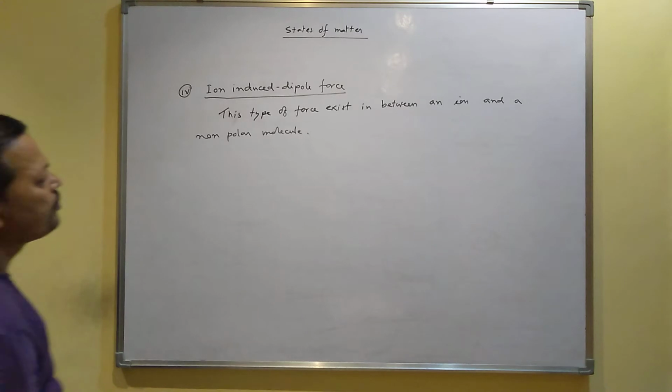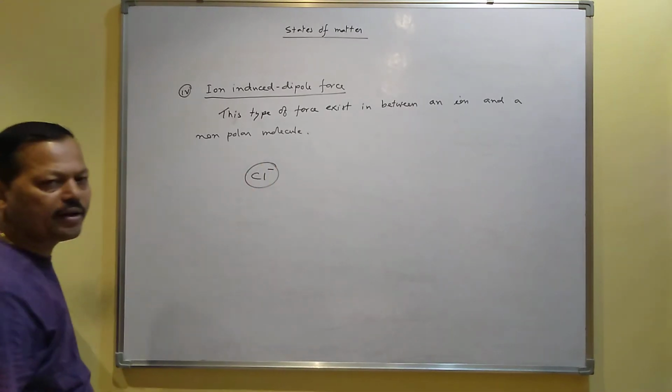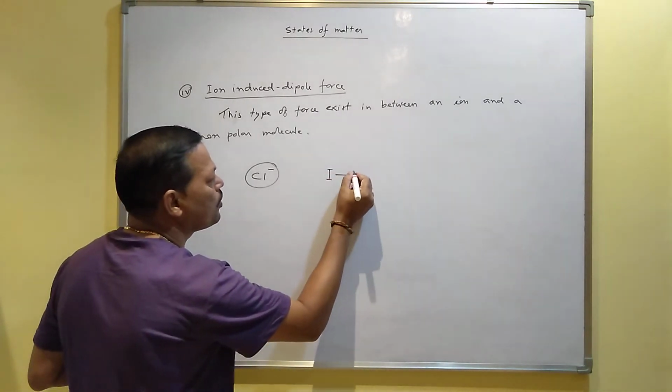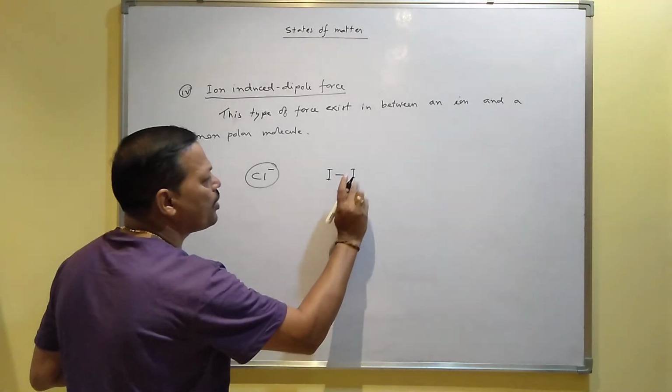For example, this is one ion, Cl minus, which is called chloride ion, and this is one molecule, iodine molecule, I2. You know, the iodine molecule contains one covalent bond.